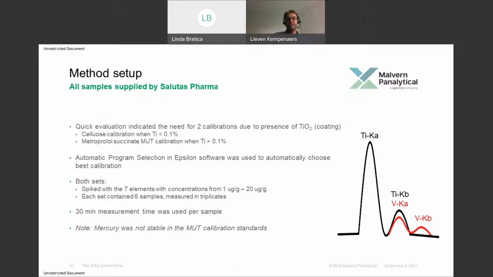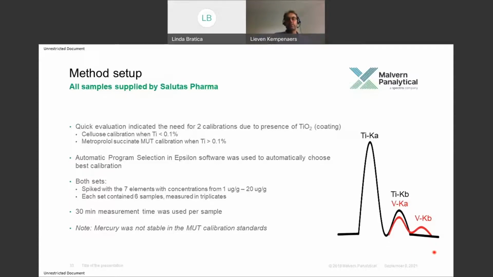And here in this picture, this is what they mentioned, that I made a drawing myself to make a more schematic representation of the spectrum. They are interested in the vanadium because vanadium is one of the elements of interest. The titanium as such is not according to ICH. It's not of interest, but vanadium is.